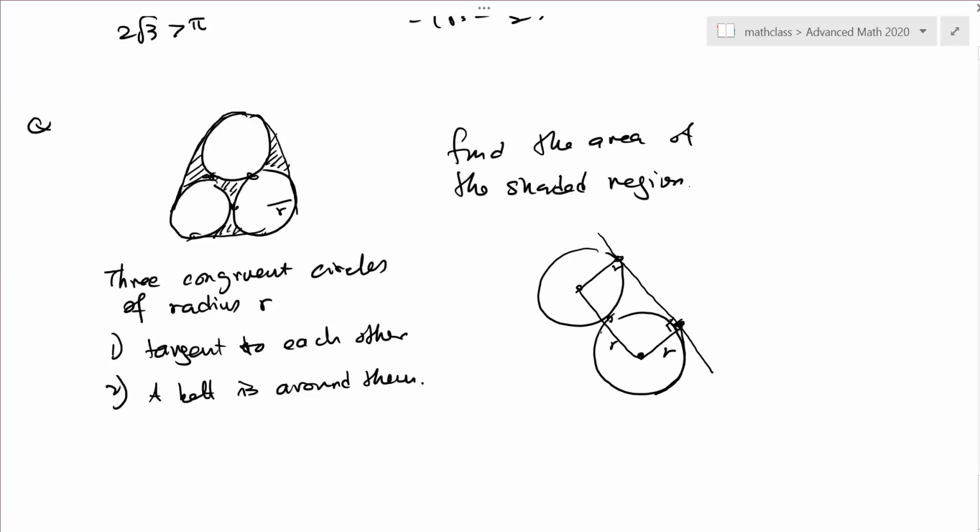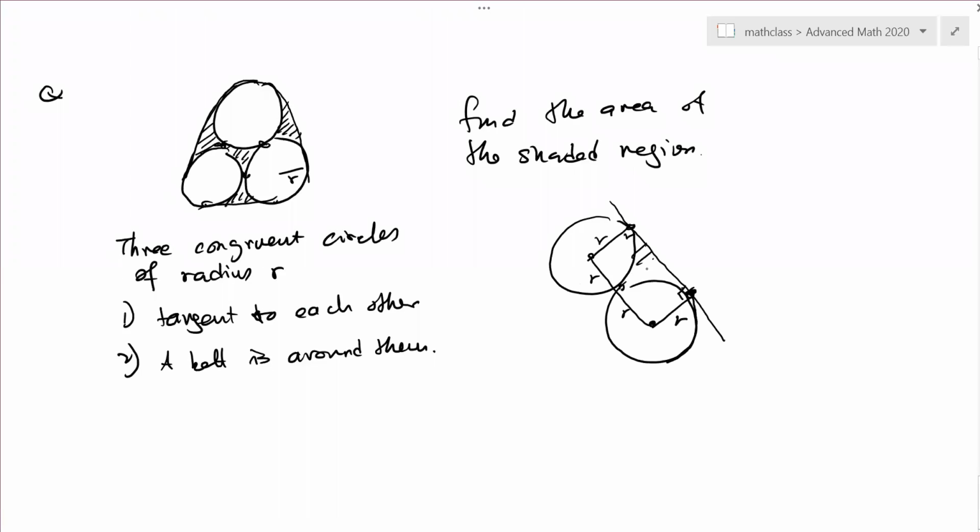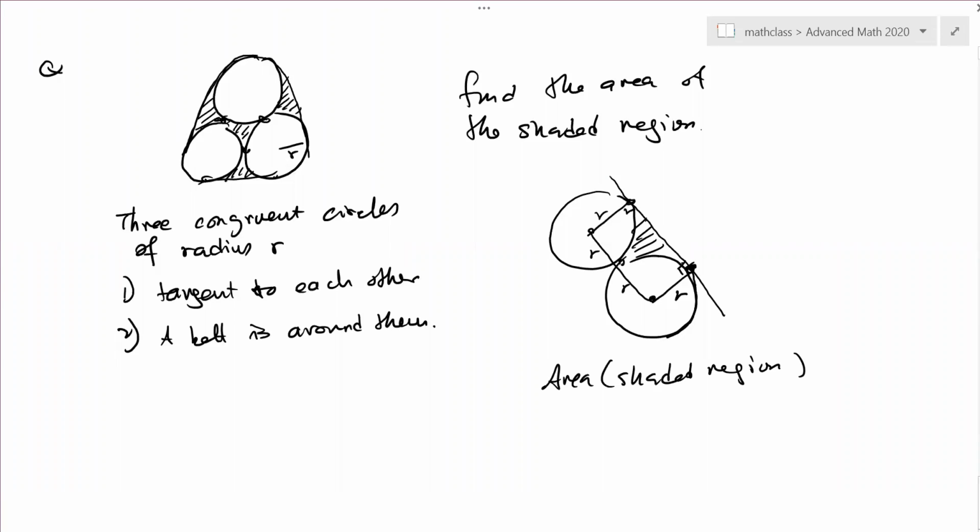So this is R, this is R, this is R, this is R. So the area of this part, of this shaded region, as long as you find the area of this, you're done, right? It's going to be the area of the rectangle, R times 2R, minus the area of the other 2 quarter circles.